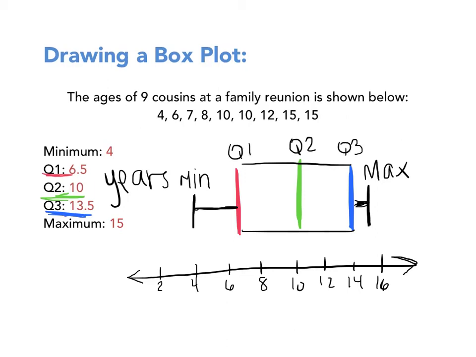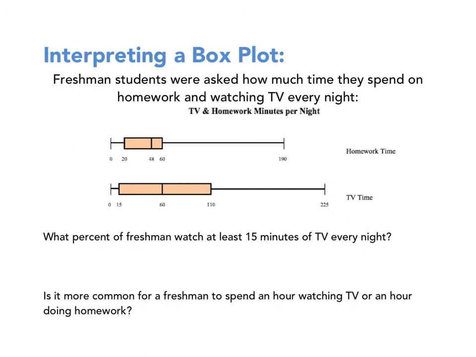So all you do to create a box plot is to draw lines above the 5-number summary that you know how to calculate and connect them with the box, and make sure your min and max are connected to the box with the whiskers.